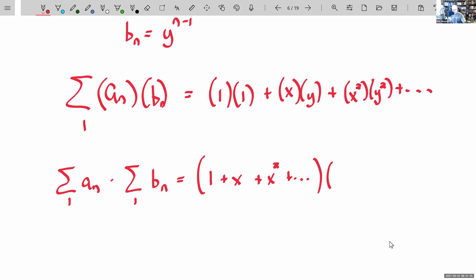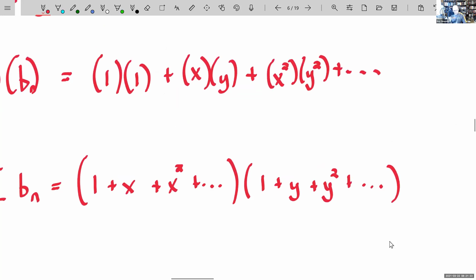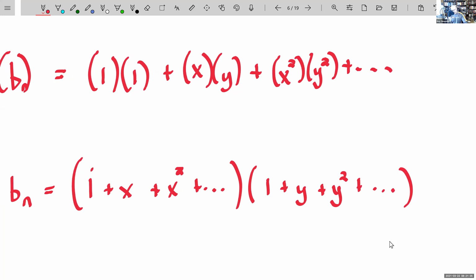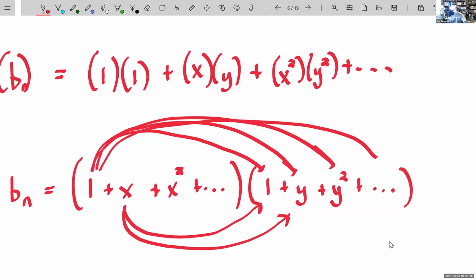The summation of b sub n is 1 plus y squared plus dot, dot, dot. Notice the difference. This you would have to distribute. 1 goes to 1, goes to y squared, goes to dot, dot, dot, right? X goes to 1, goes to y squared, goes to dot, dot, dot, x squared, so on and so forth.